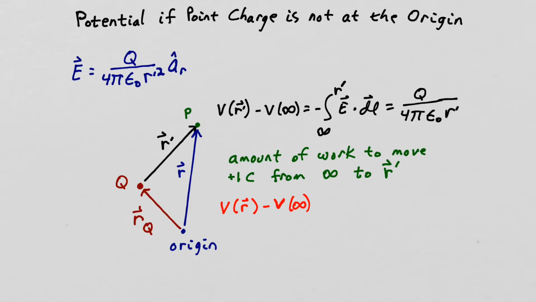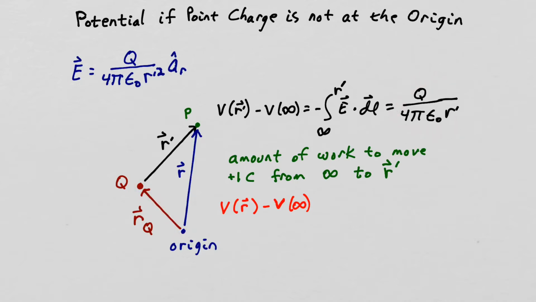Where we place our coordinate system is arbitrary and does not affect what is physically happening. The amount of work to move 1 coulomb of charge from infinity to point P does not change when you move the origin of your coordinate system.